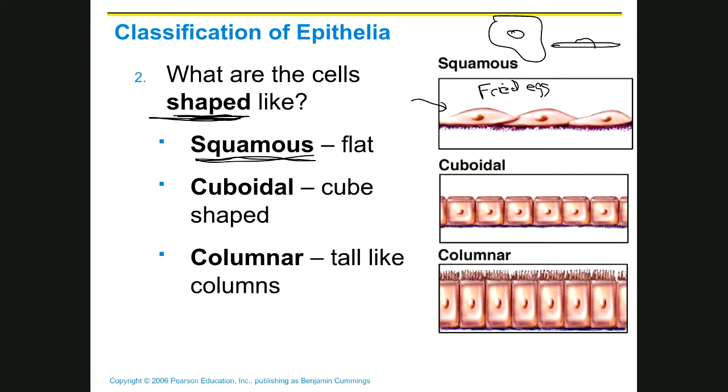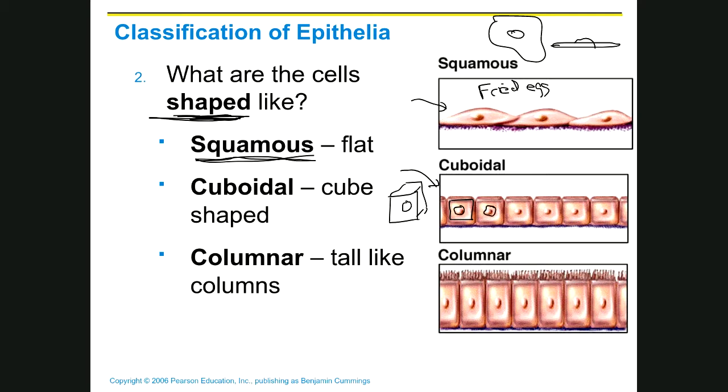And then we have these, which are sort of boxy shaped or cube shaped. And they're not just flat. Remember, they're cubed, so they actually have 6 sides. They look like this. And they have a nucleus that's round, and it's usually right in the very center.